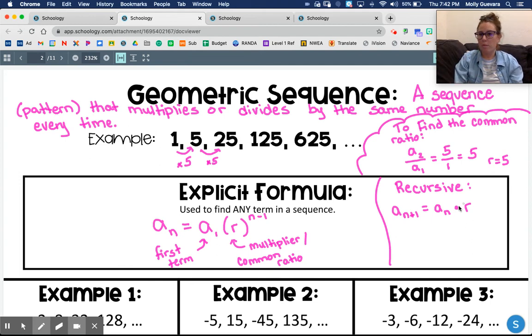So in this problem, it would be a sub n plus 1 equals a sub n times 5. That's it. Then I also have to give the first term. It's pretty much identical to arithmetic sequences. The only difference is you're multiplying by r instead. So let's look at our first example and see if we can figure out how to use this equation.